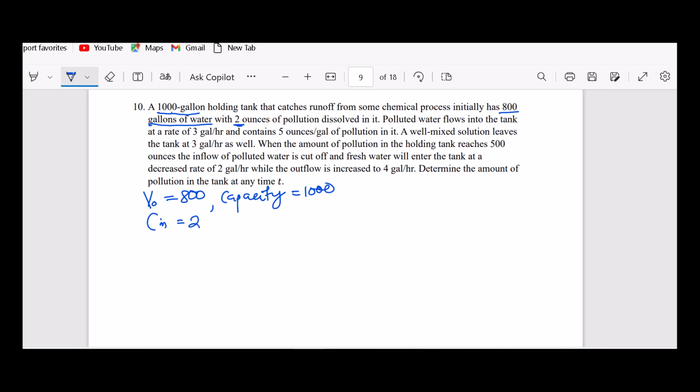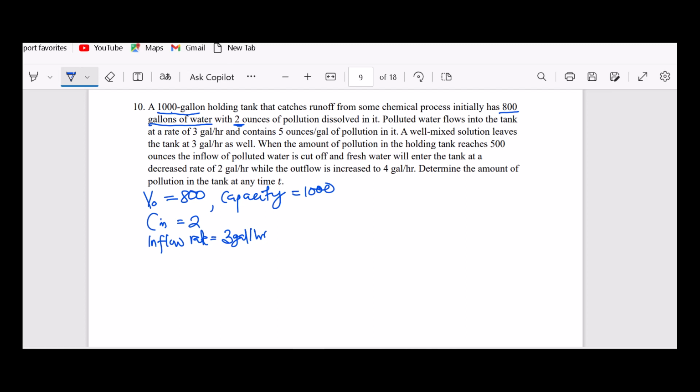Polluted water flows into the tank at a rate of, so inflow rate is equal to 3 gallons per hour and contains 5 ounces per gallon of pollution in it.